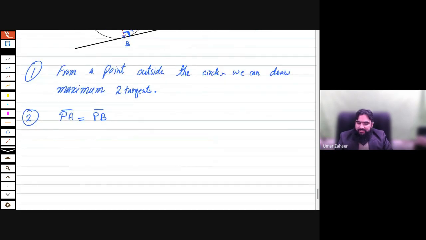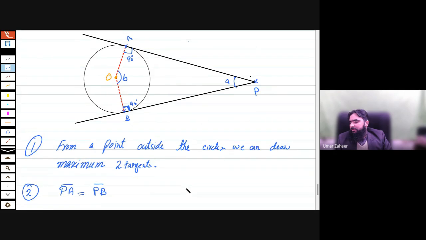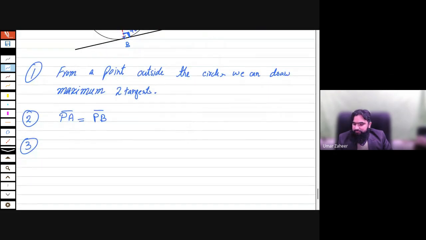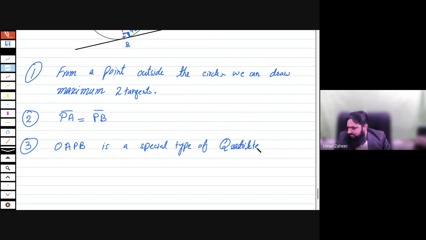So the third point is we have OAPB. OAPB is a special type of quadrilateral.